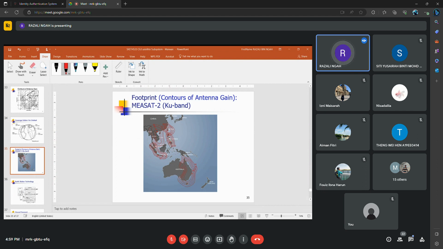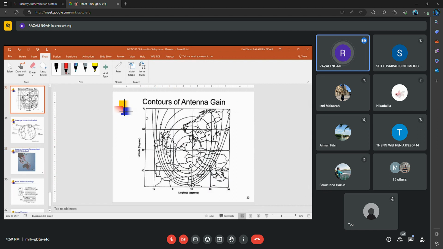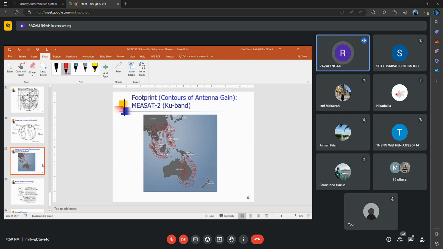If you are in another zone, the gain will be reduced. This one is in terms of gain value, but the other is in terms of how many dB reduced. That is the difference.